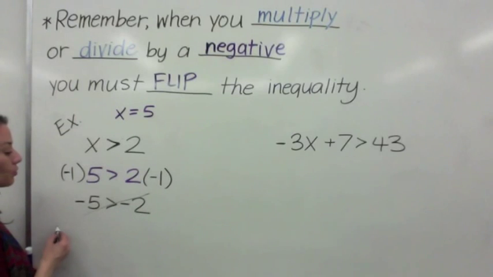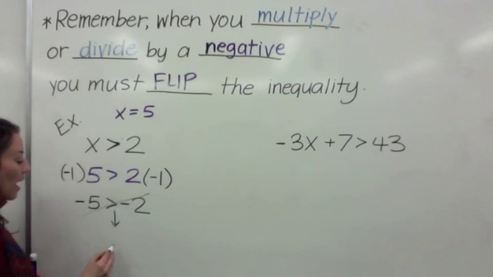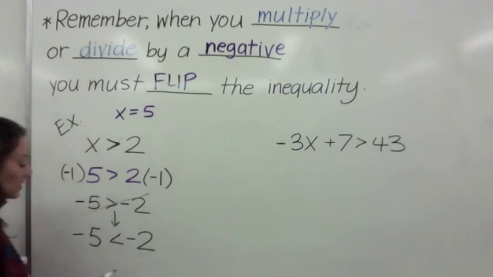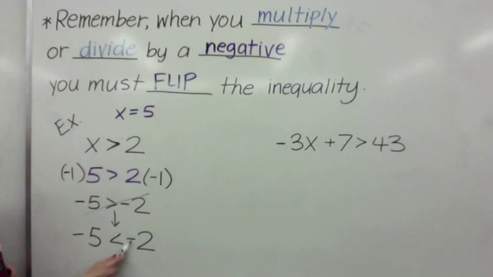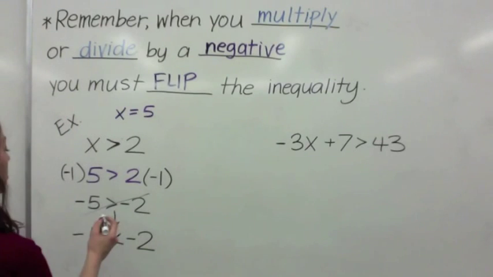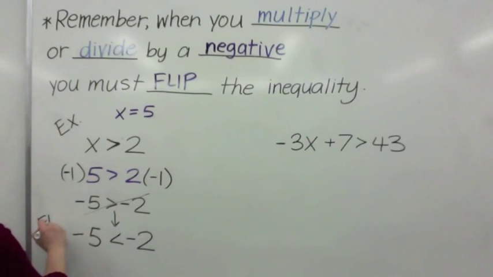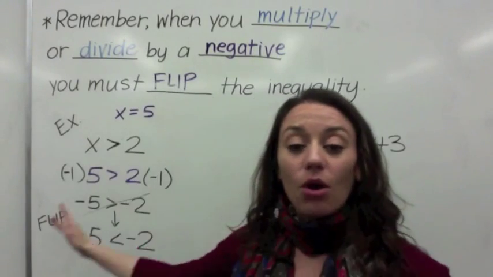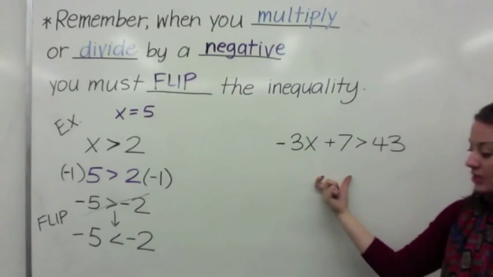That is why you have to flip the sign to make the inequality statement true. Now, this says -5 is less than -2. Is that true? Or is -2 greater than -5? Yes. So you have to flip. Why? Because we multiplied both sides by a negative. Now, it also works when you're dividing both sides by a negative.